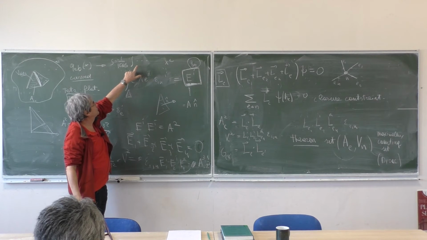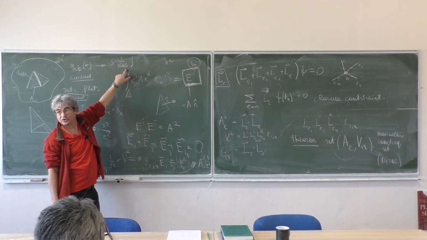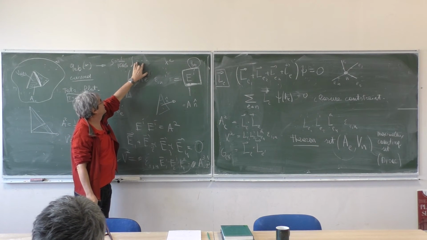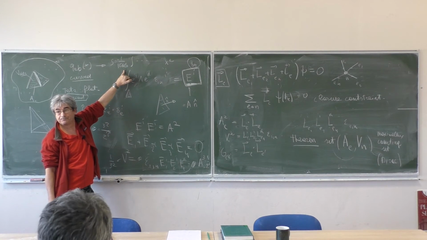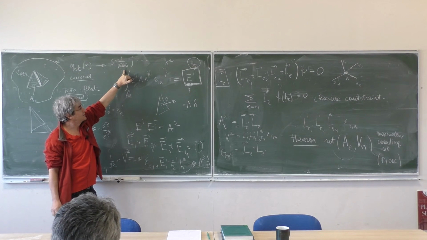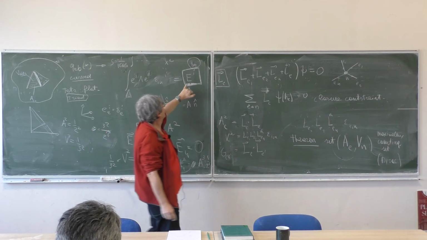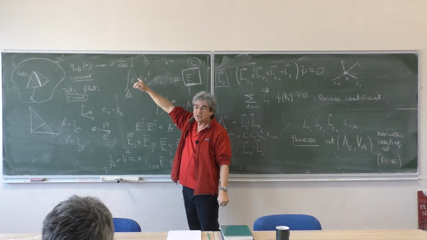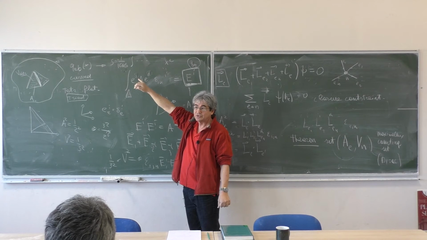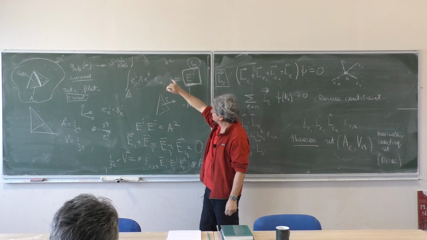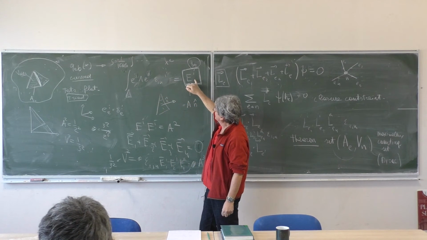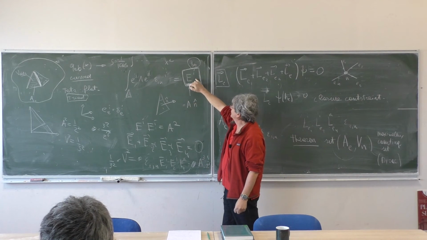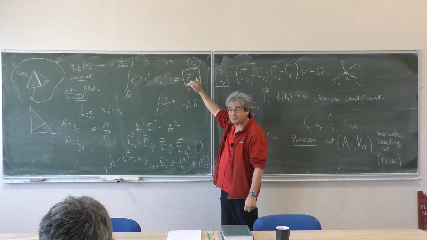So the conjugate momentum of the connection is going to be this quantity here divided by G. So the operator corresponding to the momentum is going to be this divided by G.